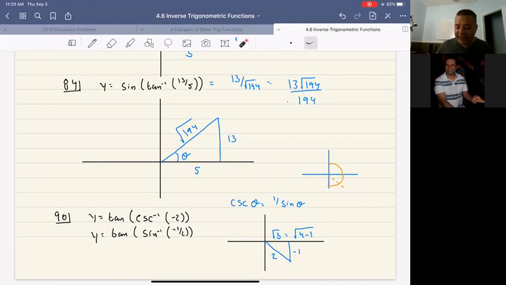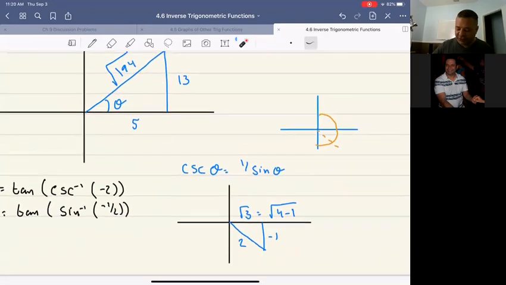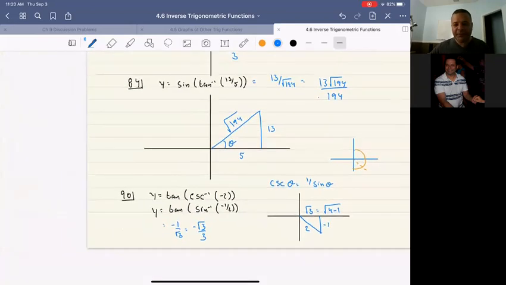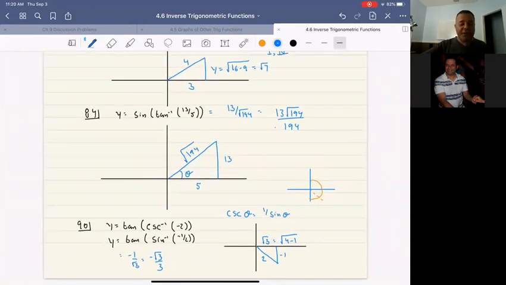Now what is the tangent of this angle? It's just going to be -1 over square root of 3, or if we rationalize it, negative square root of 3 over 3. All right, that's it for 4.6. I will see you all in the next set of videos.